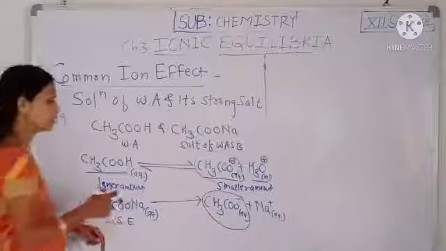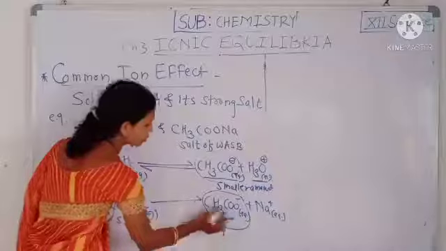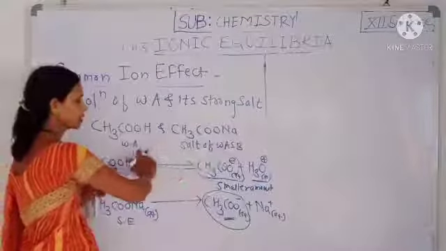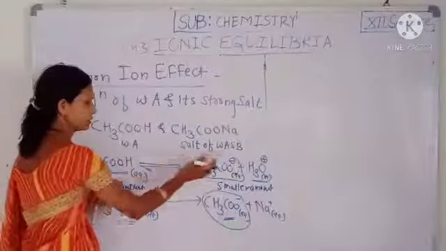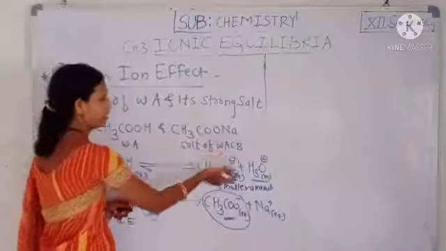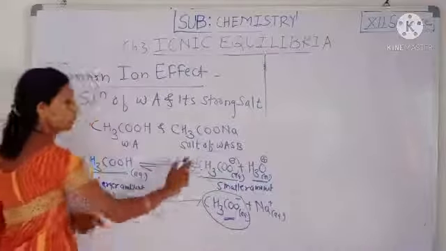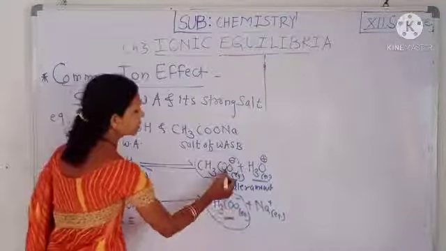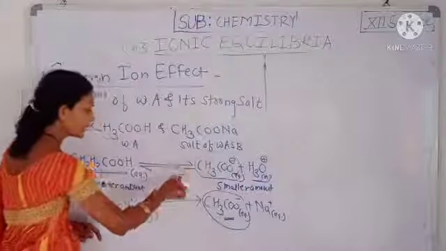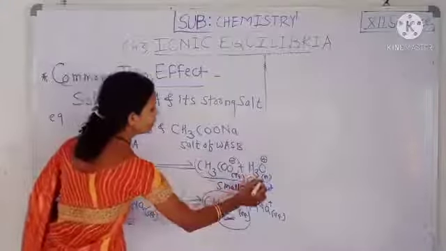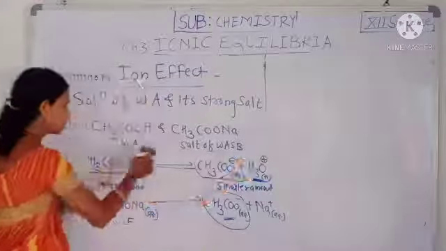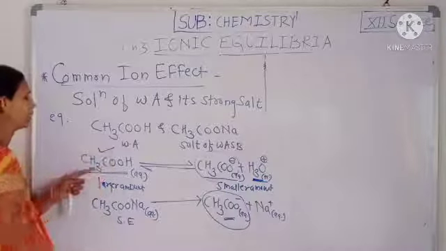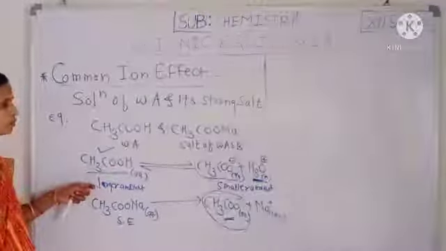As the concentration of the common ion increases, the excess acetate ion CH3COO minus combines with hydronium ion to give unionized acetic acid molecules.